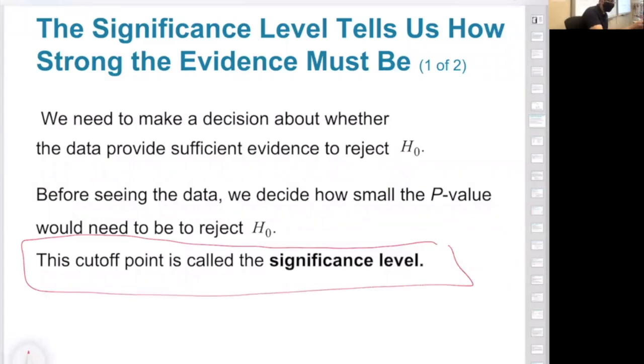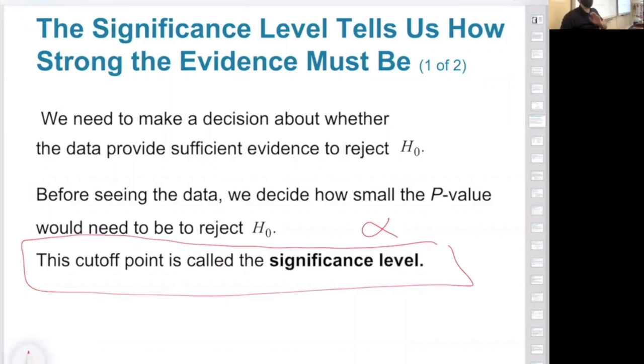Usually, we give the significance level the symbol alpha, which is of course a Greek letter. Alpha is the cut-off point that we compare the p-value with.